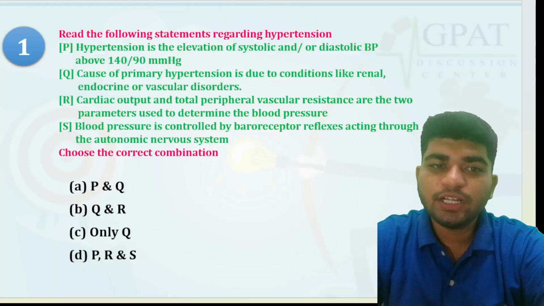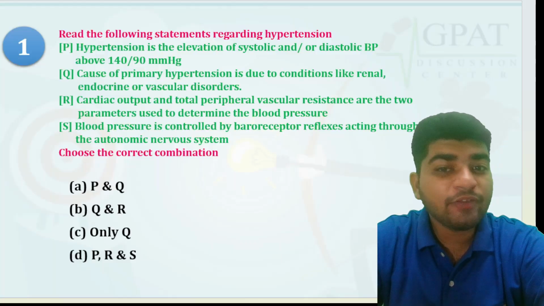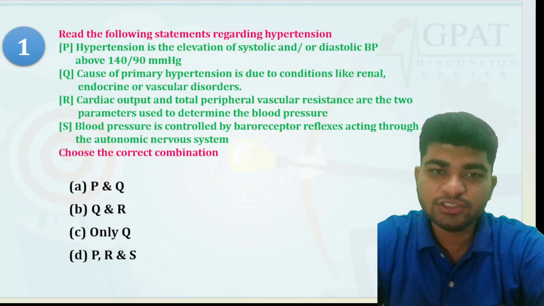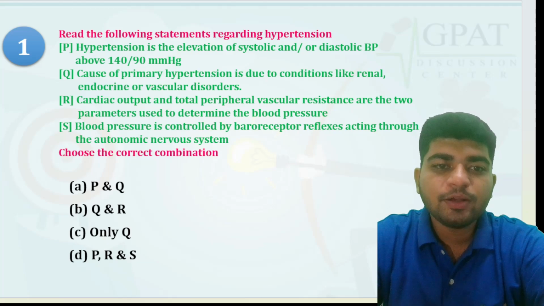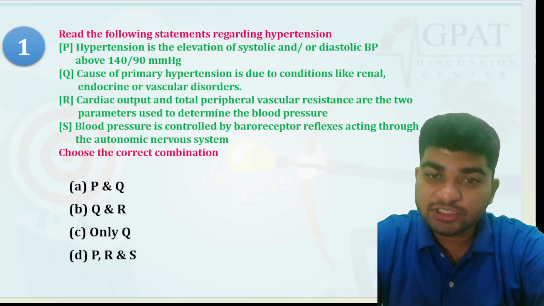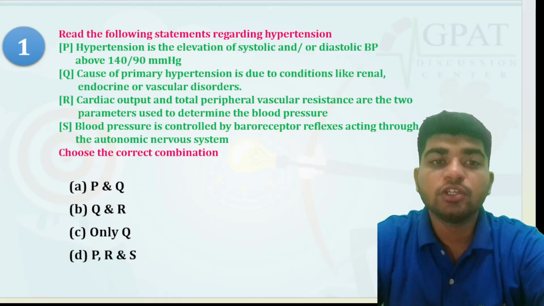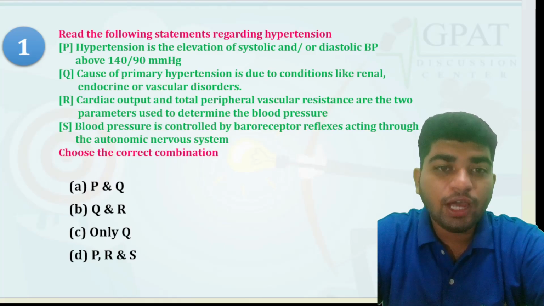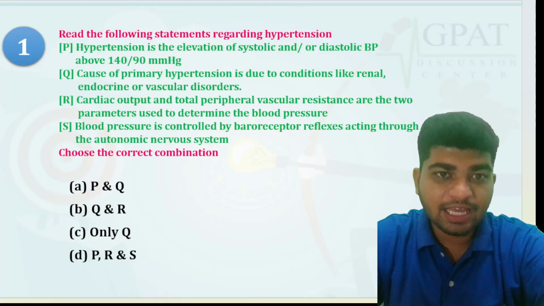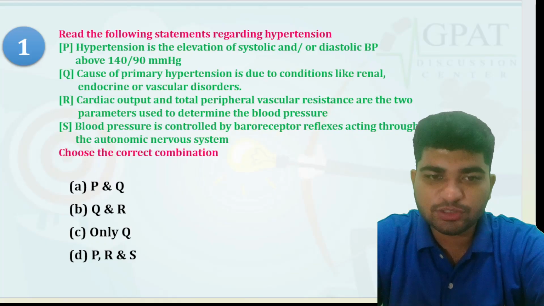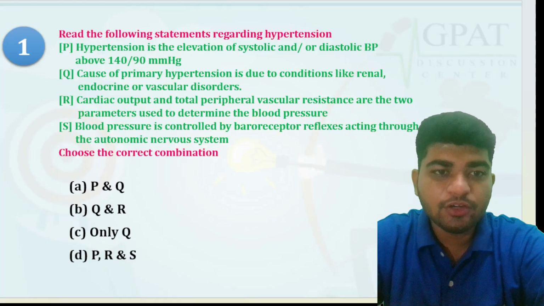R: cardiac output and total peripheral vascular resistance are the two parameters used to determine blood pressure. S: blood pressure is controlled by baroreceptor reflexes acting through the autonomic nervous system. Out of these four statements, which are right?